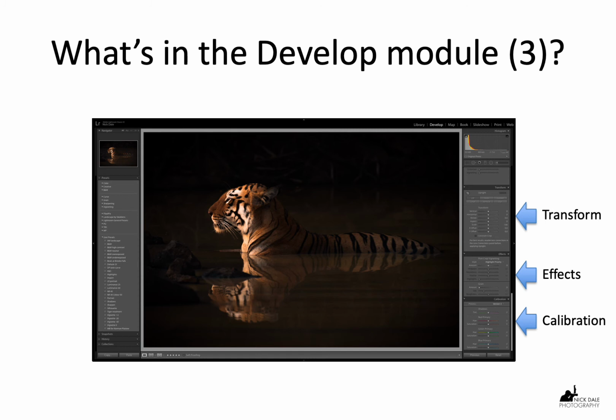The effects panel is useful mostly for the vignette control. Now I know I said that you shouldn't do global adjustments, that you should do them locally, but the vignette controls do offer you quite good control over vignetting. So what is a vignette? It's basically the slight darkening or lightening in the corners of the image.